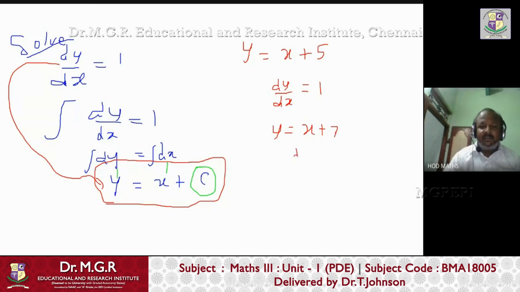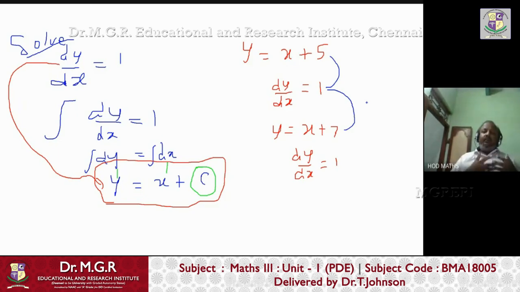It is equal to 1. So this differential equation is associated with this equation, and this differential equation again is associated with that equation. Then you may ask, sir, whether the differential equation is associated with so many functions. Yes, it is possible.